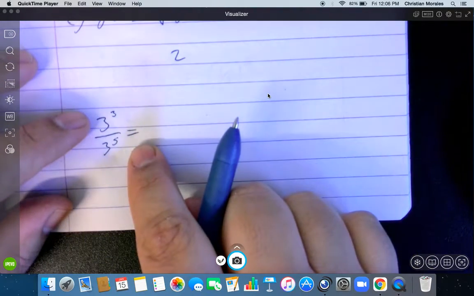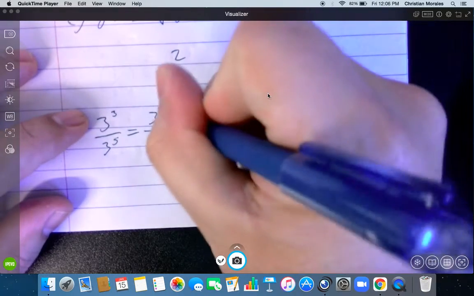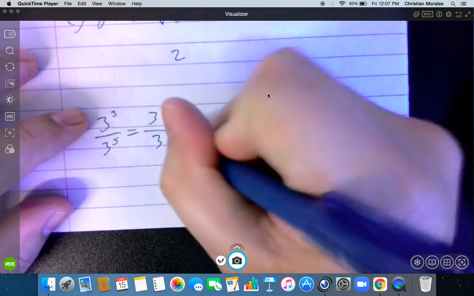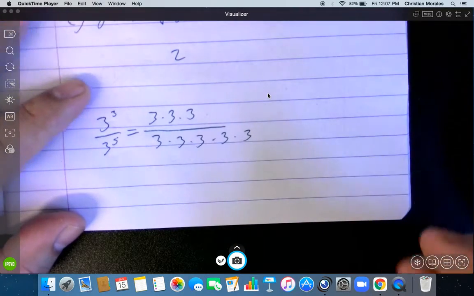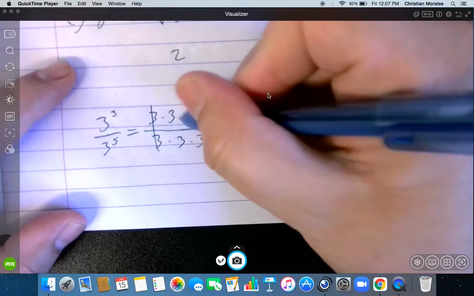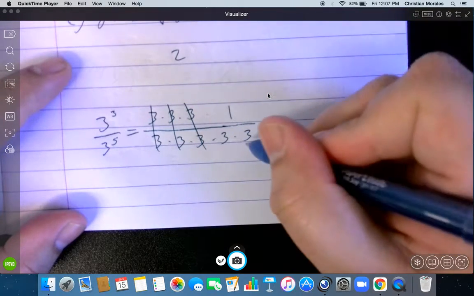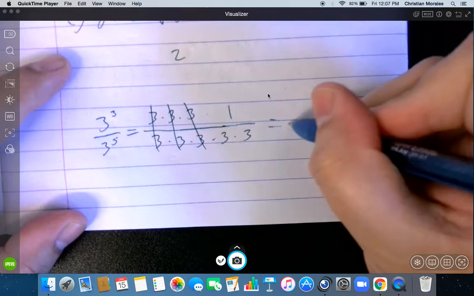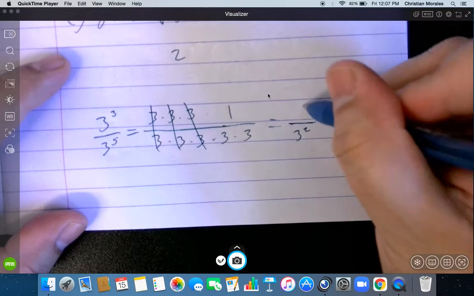This is going to give me something different. We'll show you. 3 times 3 times 3 over 3 times 3 times 3 times 3 times 3. Now, what you're going to notice here is those cancel out. You leave a 1 on top, but you have 3 times 3, which is 3 squared, on the bottom.